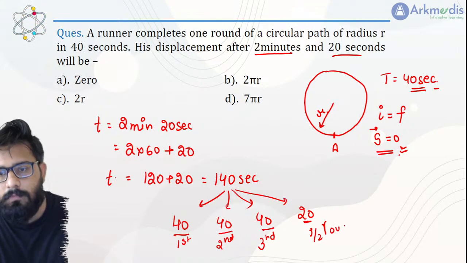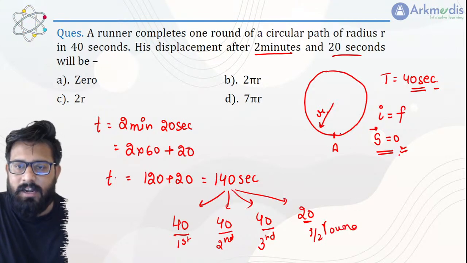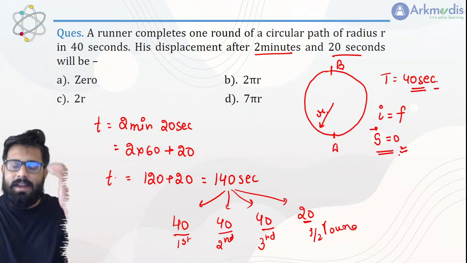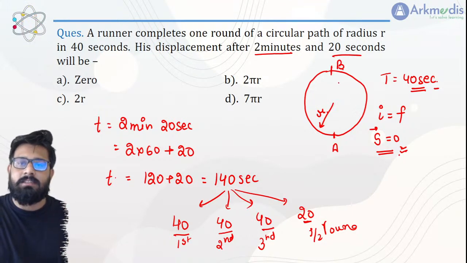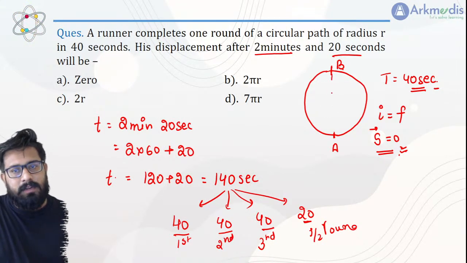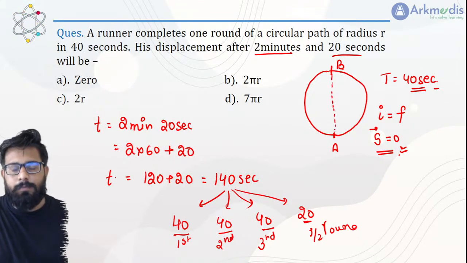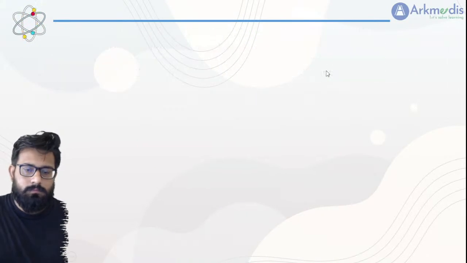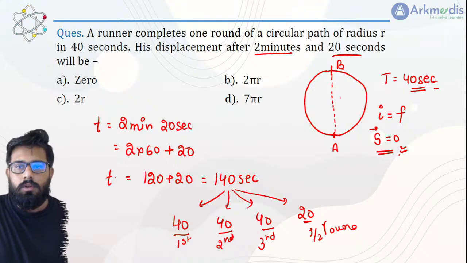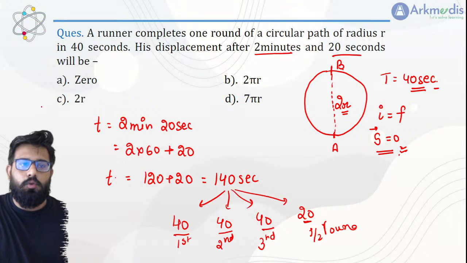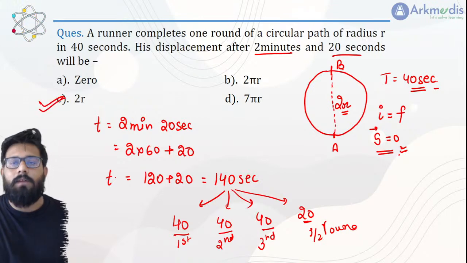So I started from A and end at point B. If I wish to find the displacement, displacement is the shortest distance between the initial and the final position, and that will be equal to 2r. So here the displacement comes out to be 2r, which is option C, and yes, this is the final answer.